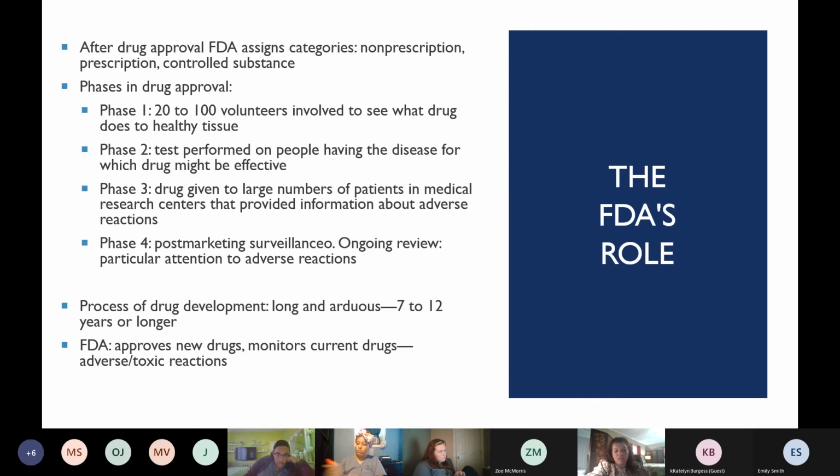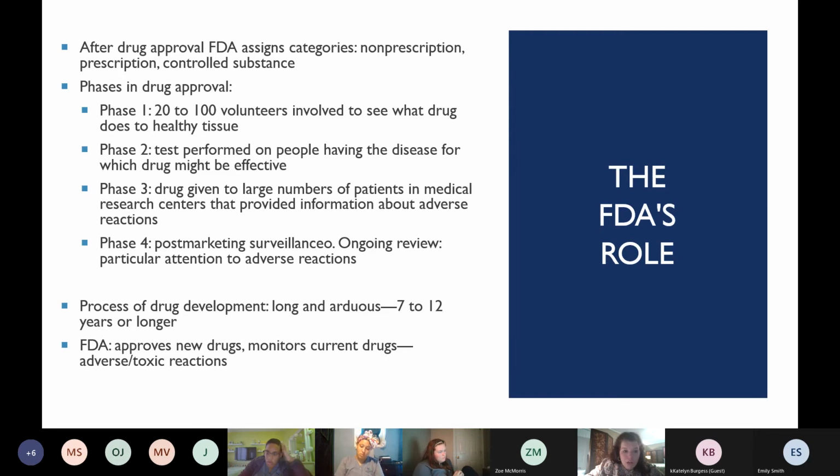Okay. So let's just go back to Tylenol. I'm just going to try to stick to the same example. So when Tylenol was first developed, they said, this is a medication that we are going to give to people who have fever at home. So they gave it to people who didn't have fever just to see if they had any negative implications, just to see what it does to these healthy people.